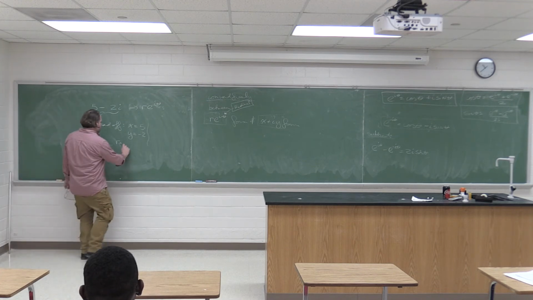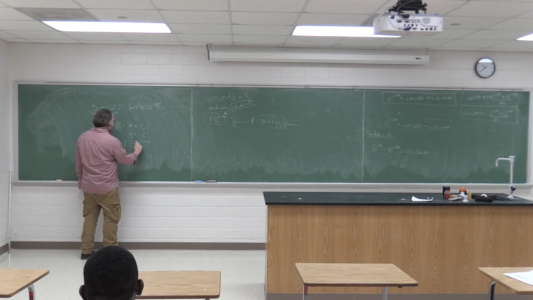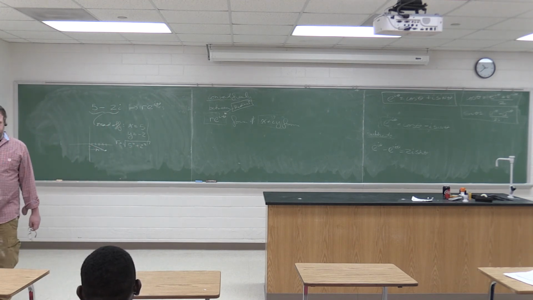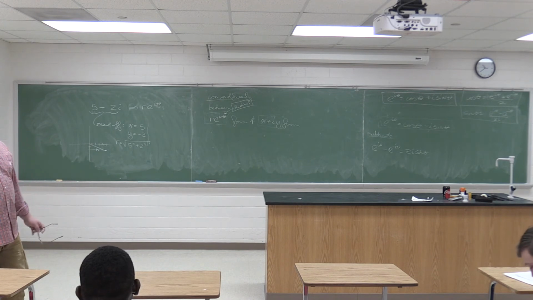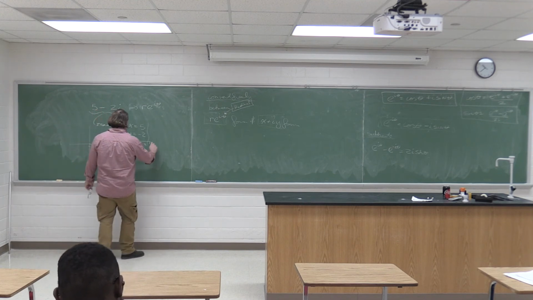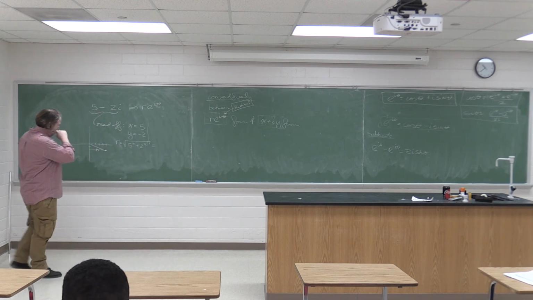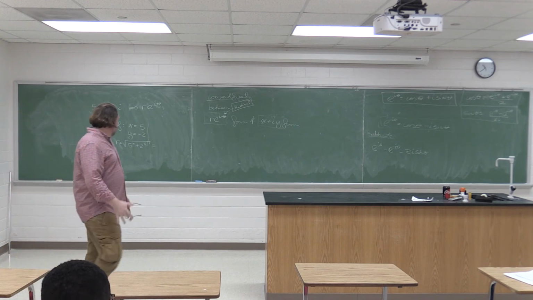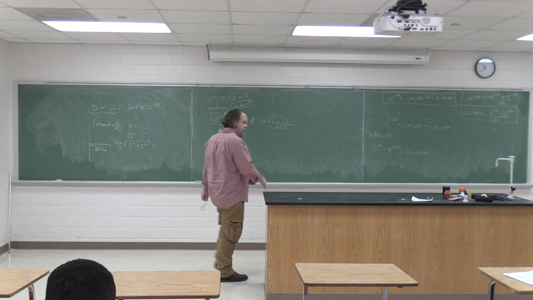Exactly. So let's do square root of 5 squared plus 2 squared. And we've just observed that squaring a negative is going to give us a positive. So 25 plus 4, square root, 5.38.